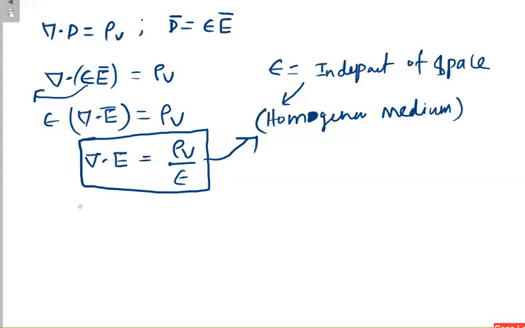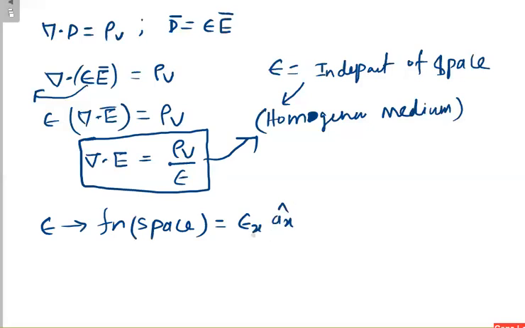Say, for example, if epsilon is a function of space, that is possible, because sometimes they will mention epsilon like this: epsilon is equal to epsilon x, ax cap. Then what is the meaning?